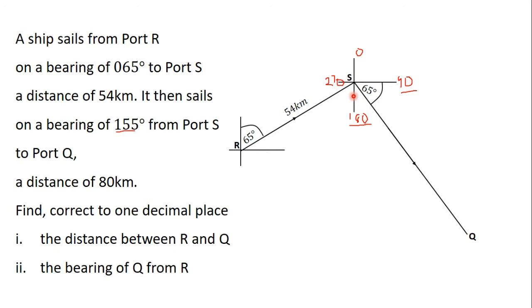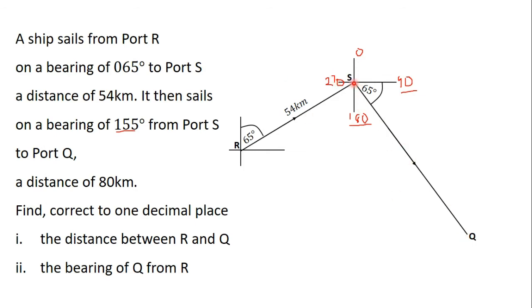So draw something that represents more than half of 90 degrees. You are not going to get it accurately because you are not drawing it to scale, but make sure that your diagram is appropriate. So you draw something that is about 65 degrees. Then you draw your line here.